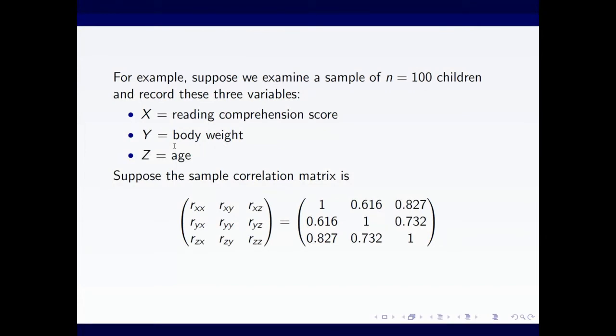So we have a sample with the size 100 children, and we record three variables. The x is the reading comprehension score, and the y is the body weight, and then this third variable z is the age.